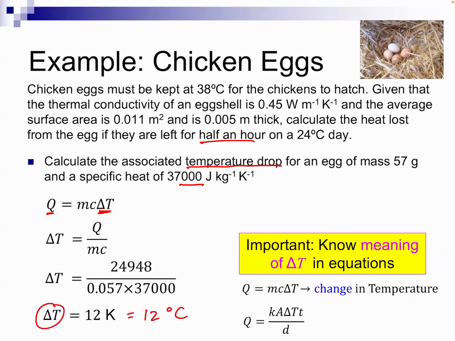Whereas for the heat transfer by conduction equation, this delta T refers to a temperature difference, because you will only have heat transfer if you have a difference in temperature between two objects. So interpreting delta T is quite different based on which equation you're using.